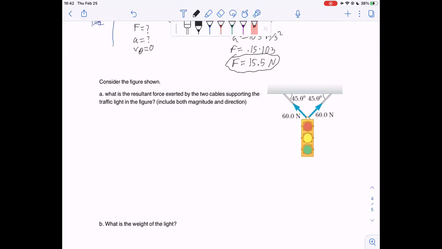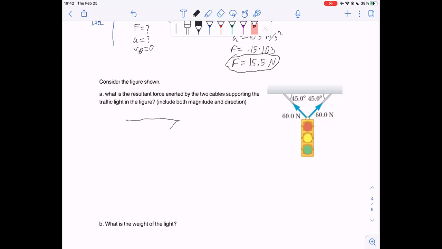Okay, now this is a fun problem to work through. So we have a traffic light hanging by 2 cables, and we are going to find the resultant force exerted on the 2 cables supporting the traffic light in a figure. What's first? So in this, first thing I like to do, I like to draw it out.